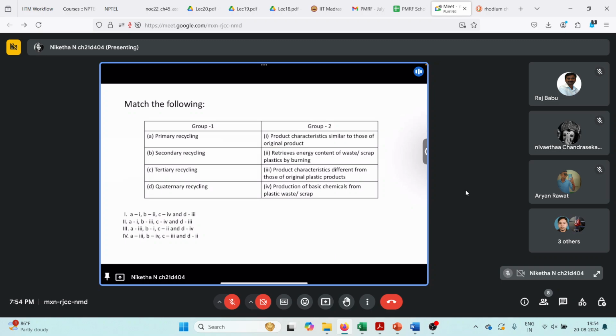So can you tell me the right answer? What is primary recycling?